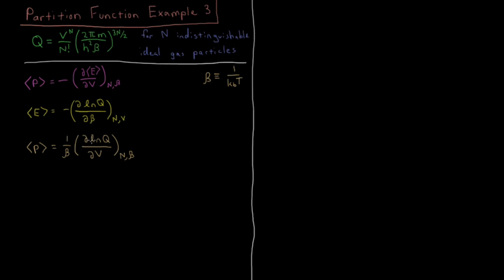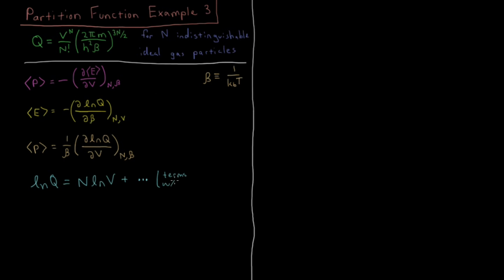Okay, so we need the logarithm of our partition function, and we need to differentiate that with respect to volume. Using the same technique we did in the previous videos, we can show that the logarithm of our partition function, ln Q, is going to equal a term that looks like N log V plus, and then we can separate it into a bunch of other terms that don't depend on volume.